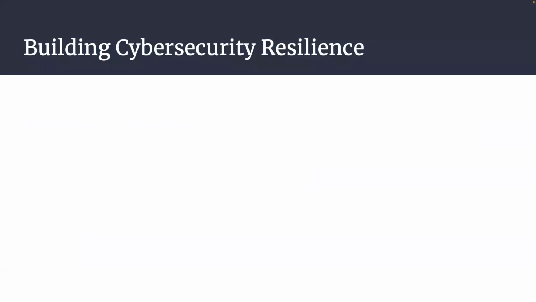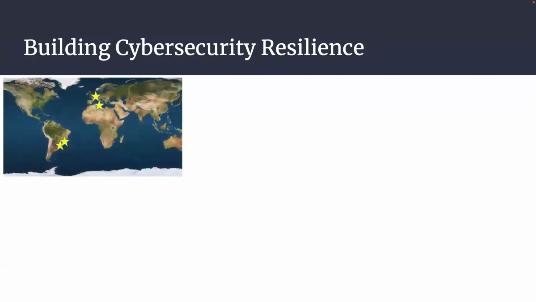There are a number of elements that you can use to build redundancy. You could use a geographic dispersal so that if a disaster happens at a site, it doesn't disable all systems. You're able to continue functioning.